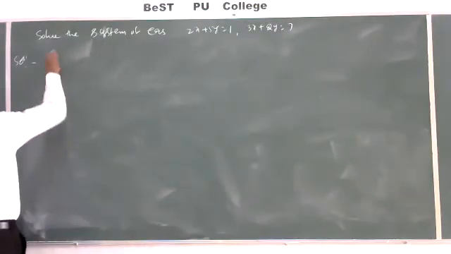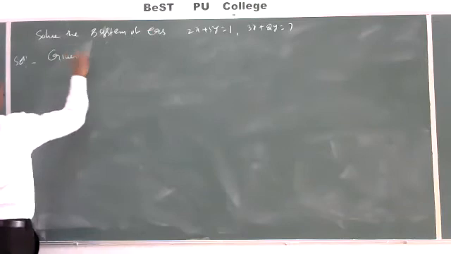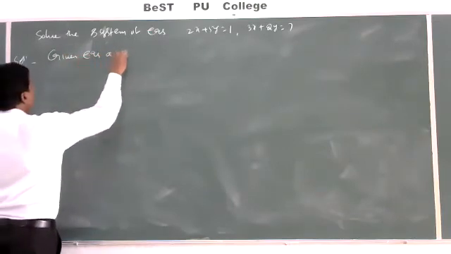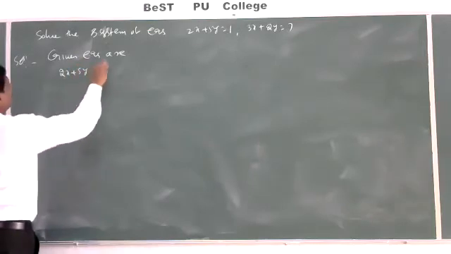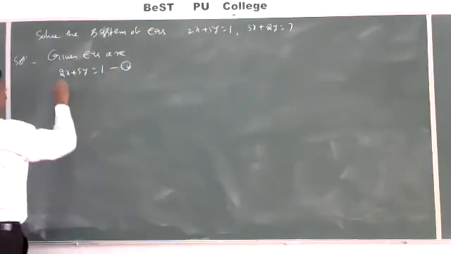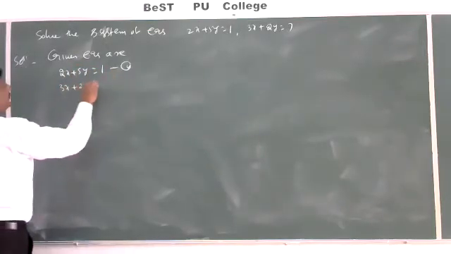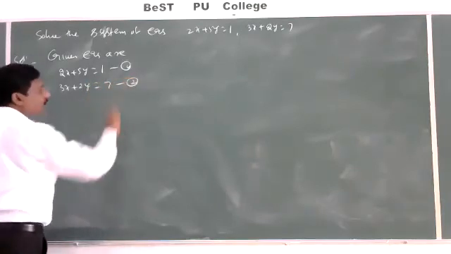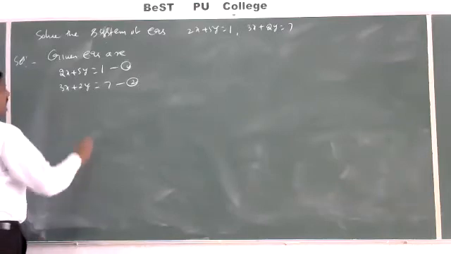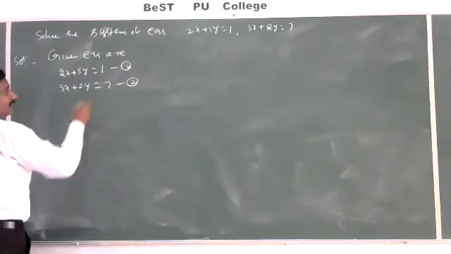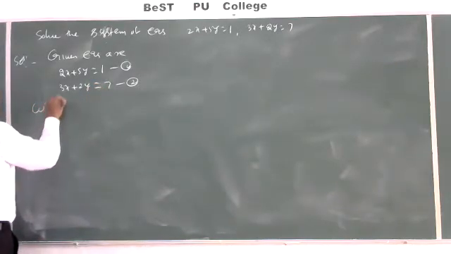Given equations are 2x plus 5y equal to 1, equation 1, 3x plus 2y equal to 7, equation 2. Write in matrix form.